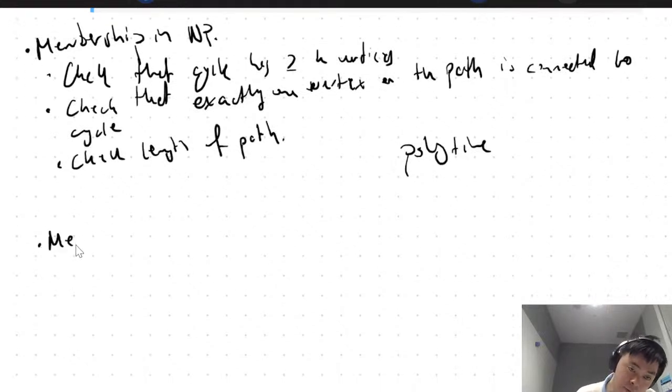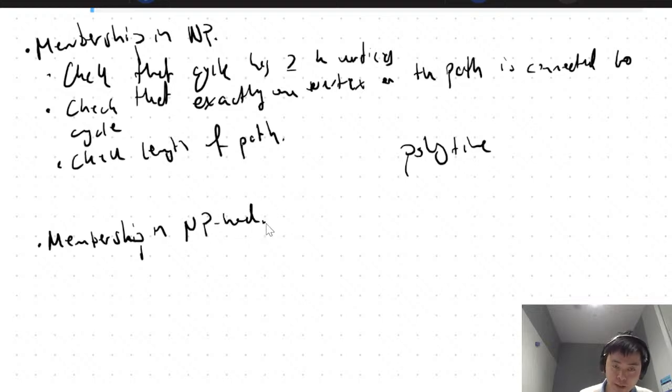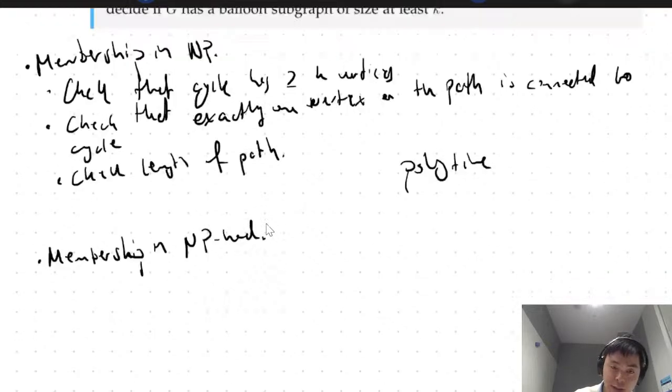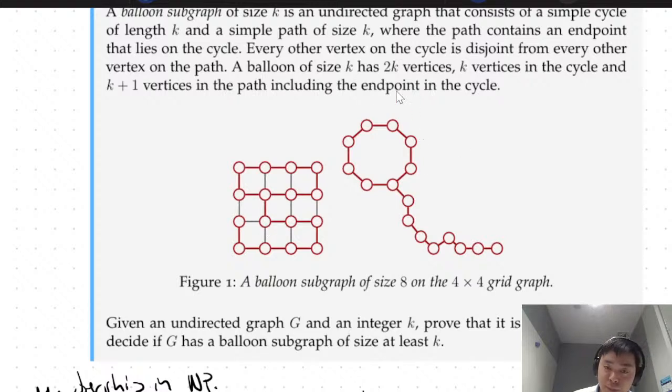To show that the problem is NP hard, we need to reduce it from a well-known NP hard problem. Here we know that the balloon has a cycle followed by a path. So the question is, what happens if this is a Hamiltonian cycle? And this is kind of the key point.